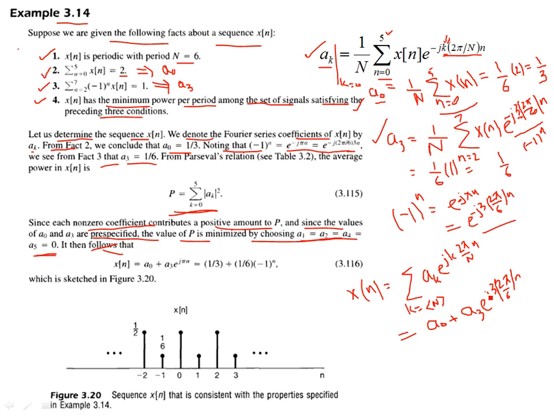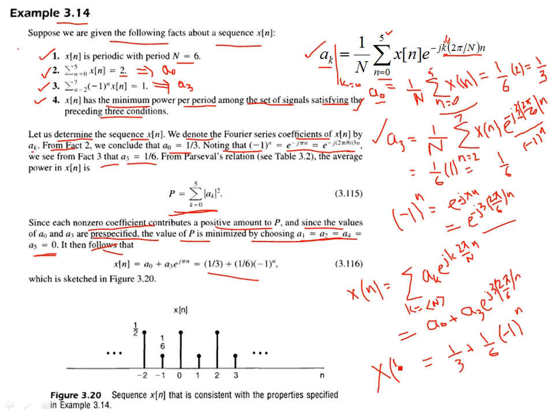And this becomes e^(jπn). So A0 is 1/3 plus A3 is 1/6 times (-1)^n, because e^(jπn) is (-1)^n. This is the expression that we have, and this is x of n.